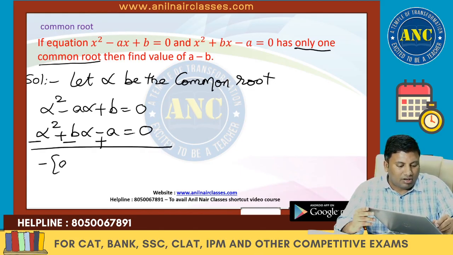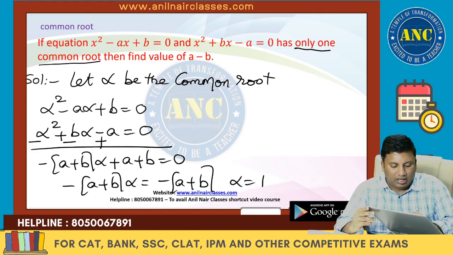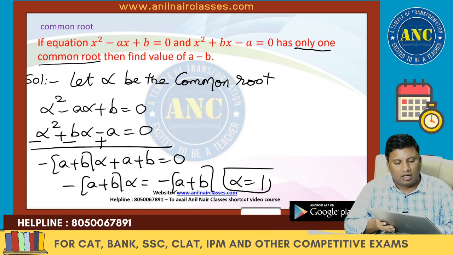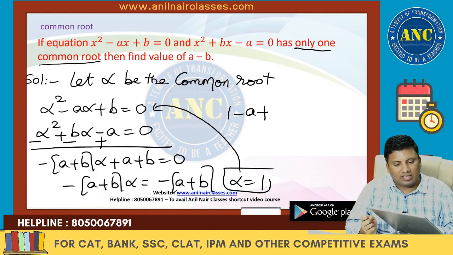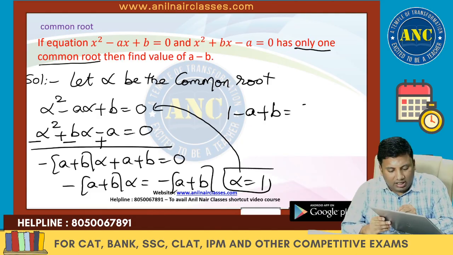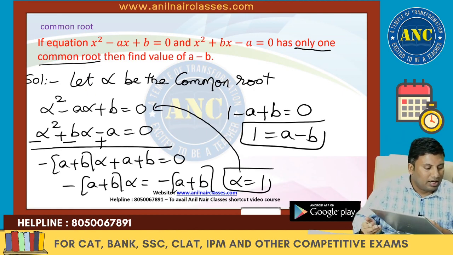So minus of a plus b into alpha plus a plus b equivalent to 0. Minus of a plus b into alpha equivalent to minus of a plus b. Alpha is nothing but 1. If it is 1, substitute here: 1 minus a plus b is nothing but 0. So 1 is nothing but a minus b.